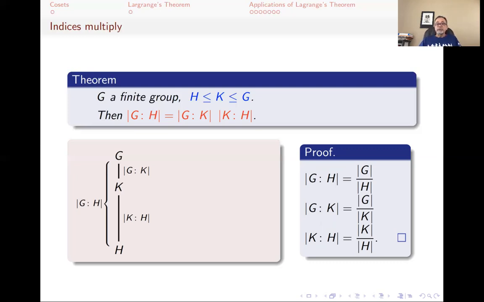And so all of this follows. Now, if you multiply the last two of these fractions together, you get the first one, because the size of K cancels. That's all it is, multiplying two fractions and getting the result.